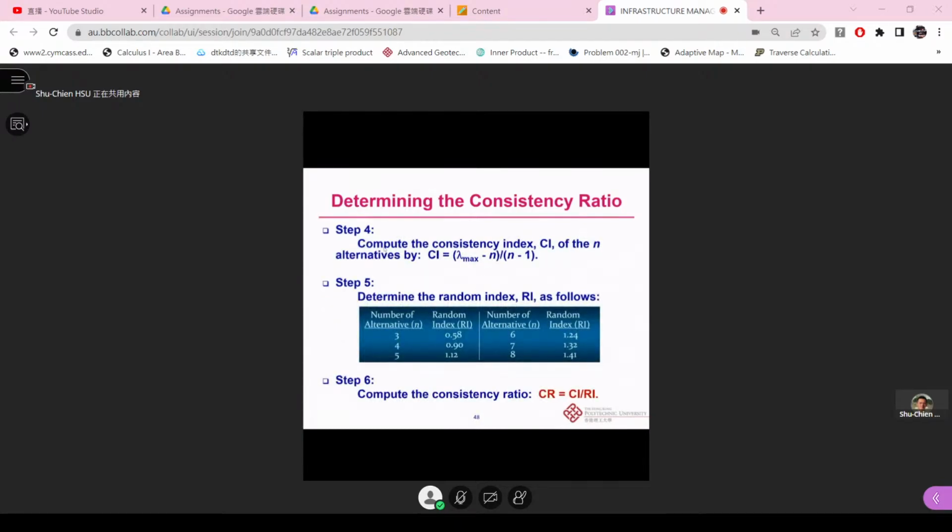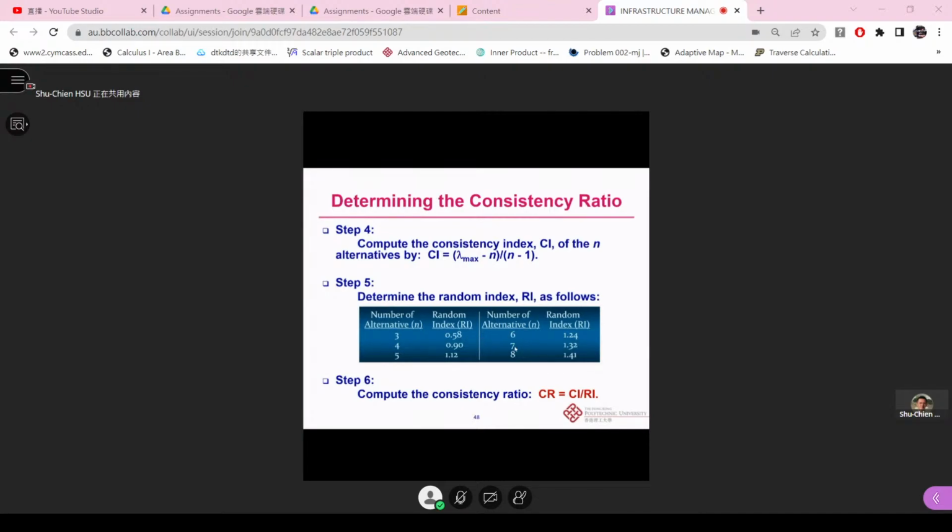So then we can compute the consistency index, the CI, for n alternatives. CI is equal to lambda max minus n, divided by n minus 1. We also need to determine the random index RI, which is determined by how many alternatives we have. For example, if we have 3 alternatives, then RI is equal to 0.58.